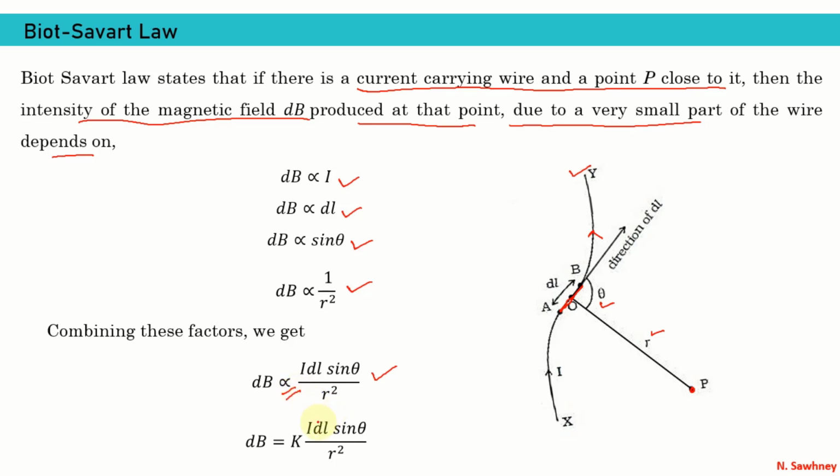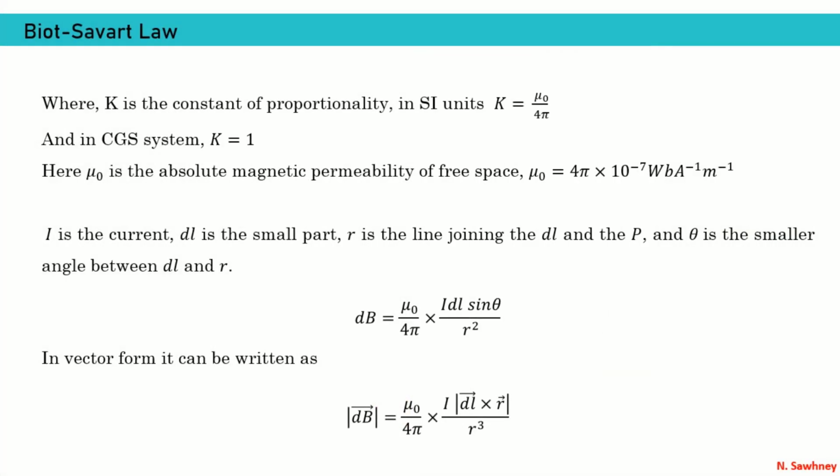Removing this proportionality sign, there will be a constant k into I dl sine theta upon r square, where k in SI units is mu naught upon 4 pi, and in CGS units the value of k is 1. Here mu naught is the absolute permeability of free space and its value is 4 pi into 10 raised to the power minus 7 Weber per ampere per meter.